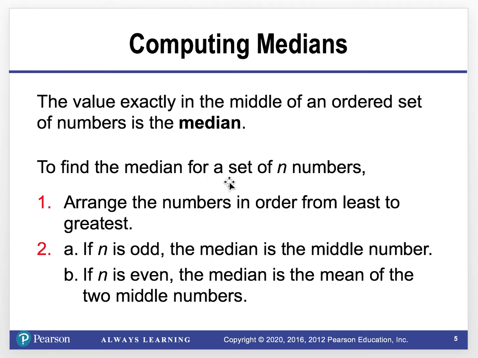To find the median, you arrange the numbers in order from least to greatest. Technically, it could be greatest to least, but anyhow, put them in order. If n is odd, then the median is the middle number. If n is even, you find halfway in between those two middle numbers. In other words, find the mean of those two middle numbers.